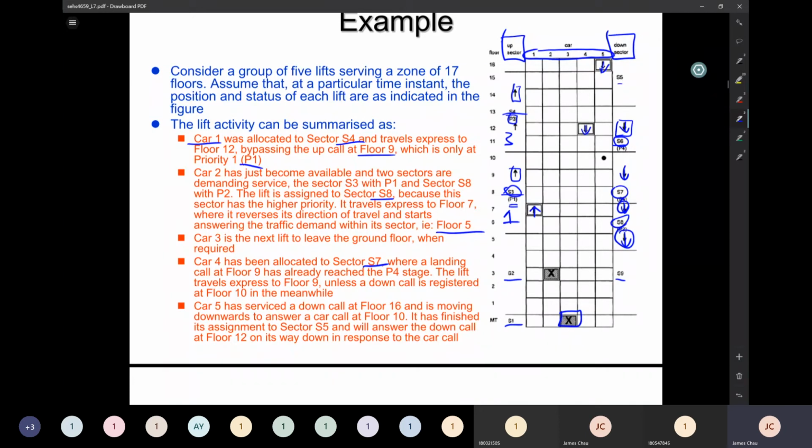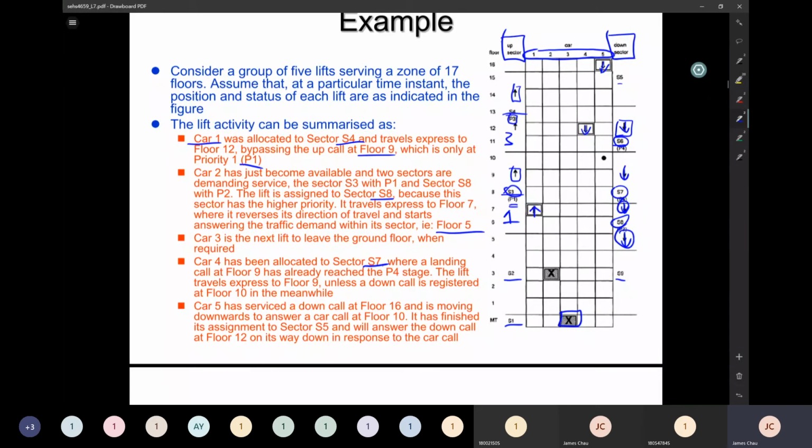Okay. Now, this is only an example to explain to you how the lift serves the setters with priority. It is not fixed, and you can have other assignments to the lift in order to serve the priority.